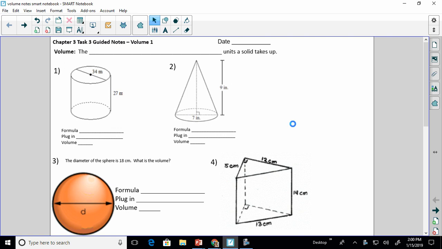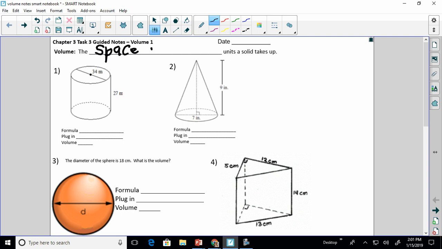So first of all, let's talk about what volume is. Whenever you think of volume, you should think of filling something up, like filling up a tank of water or a pop can. Volume is the amount of space, in cubic units, that a solid takes up.